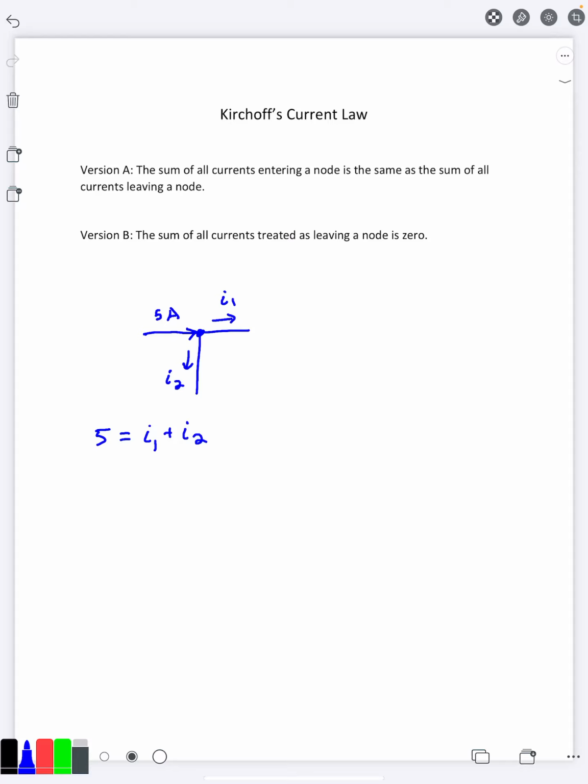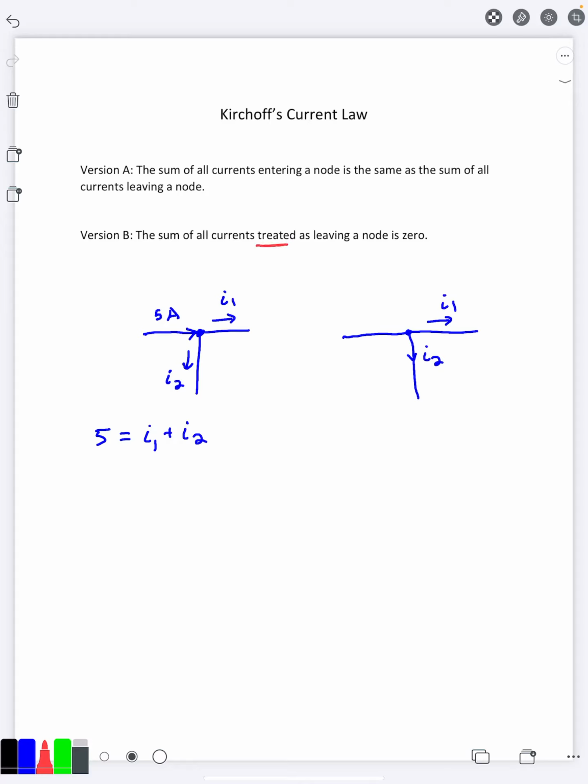Now version B seems to be a little bit stranger. It says the sum of all currents treated as leaving a node is 0. However, it is mathematically the same thing, and to see that, let's suppose again we have our situation here. We have our I1 going right, we have our I2 going down. But as you see here, it says we want to treat every current as leaving the node.